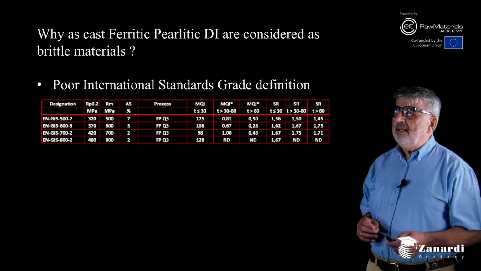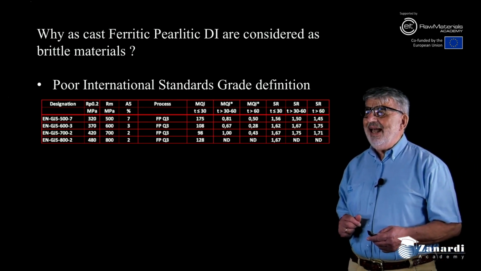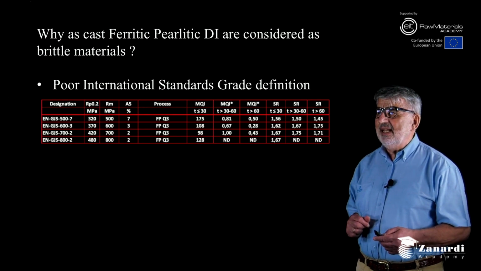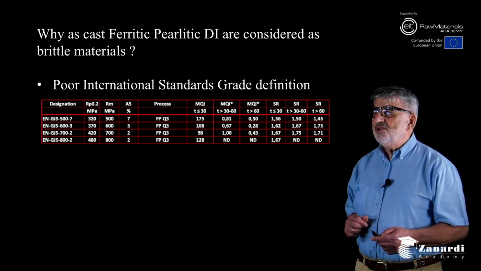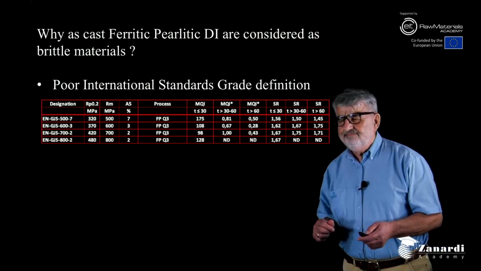And another question is why as-cast ferritic-pearlitic ductile irons are considered as brittle material.